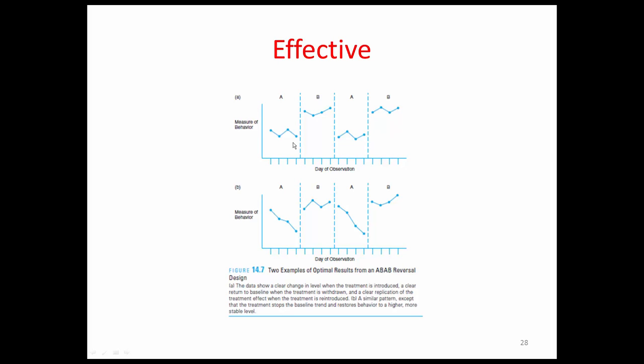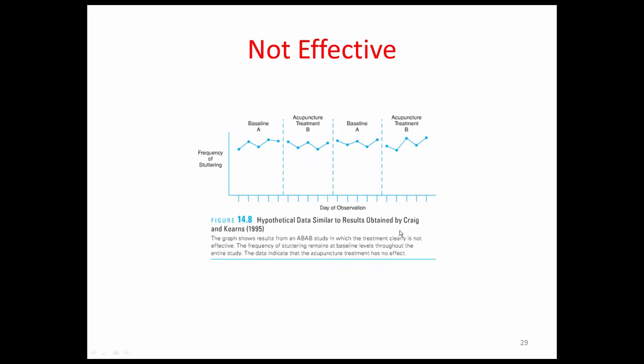So this way, because you're removing it and returning it, there is no way that the outside event happens every single time that you remove your treatment. So that's going to take care of that problem. A means baseline and B means a treatment period or the treatment phase here.